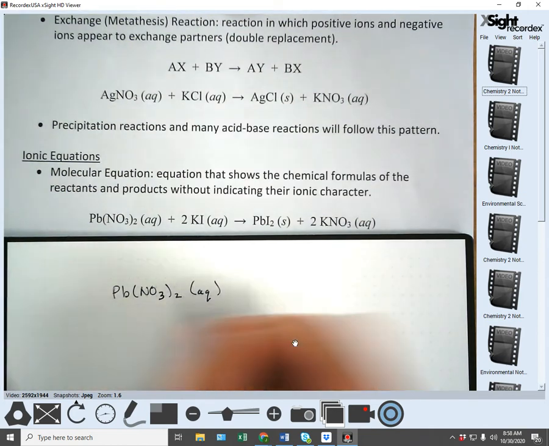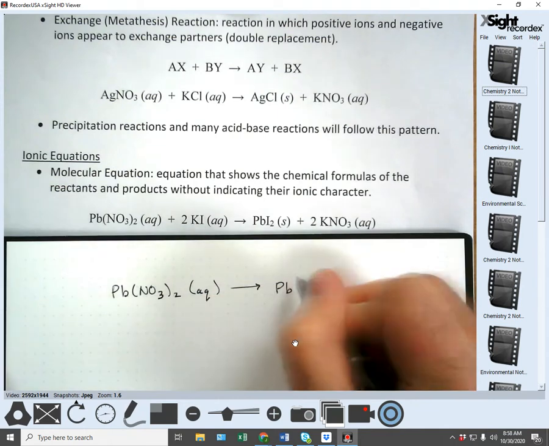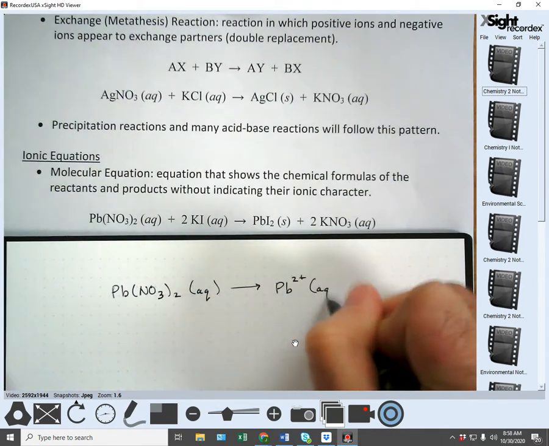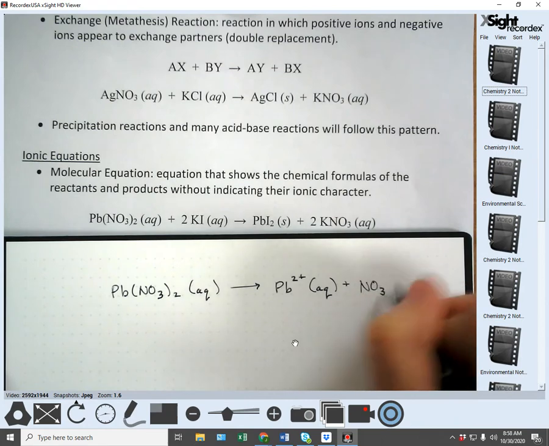Well, it's going to be Pb2+ aqueous plus NO3 1- aqueous.